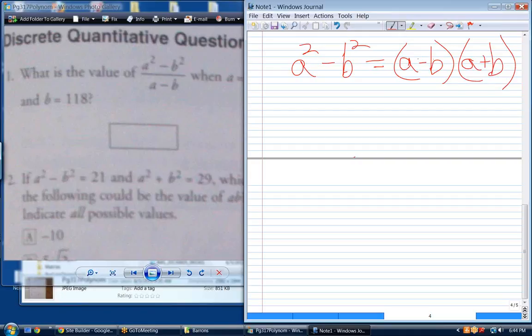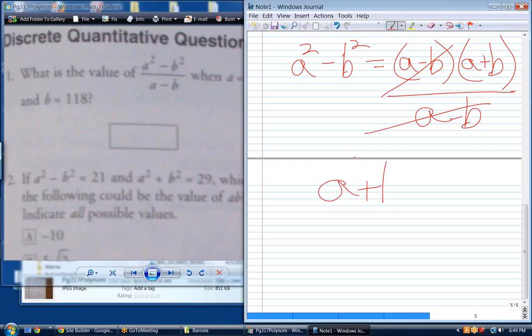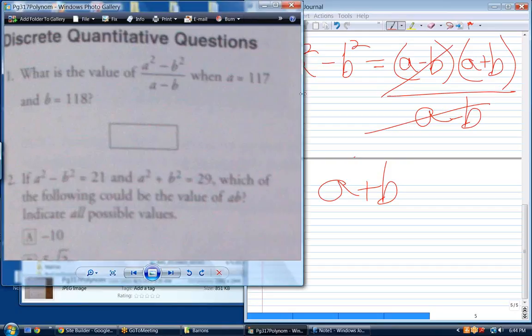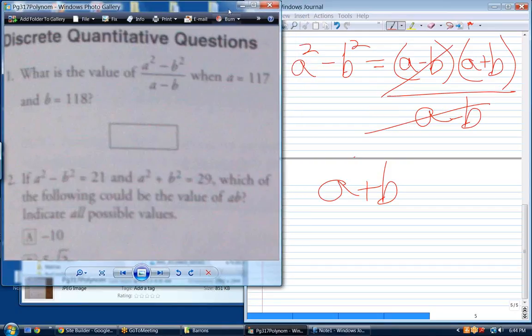So now we have a minus b times a plus b, divided by a minus b. Well, this cancels, and I'm left with a plus b. So my answer has to be 118 plus 117, 235.